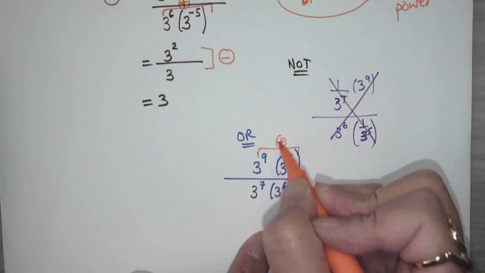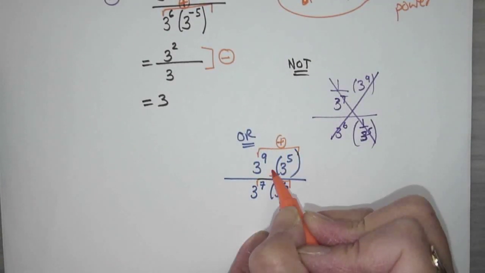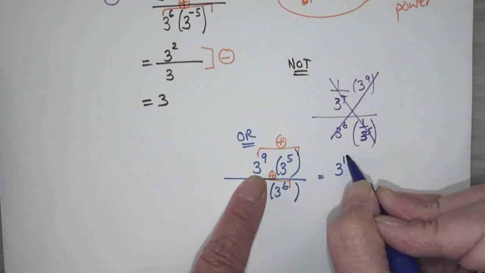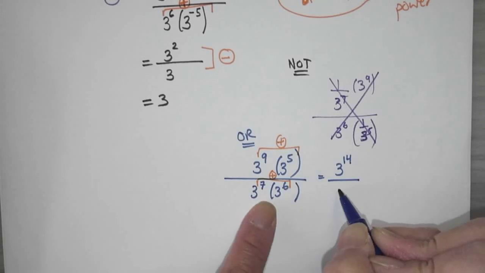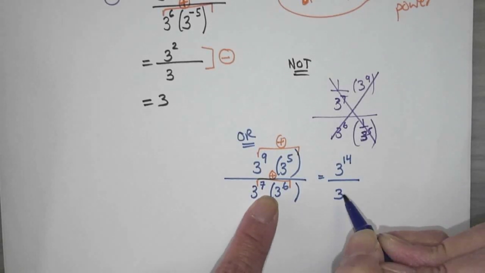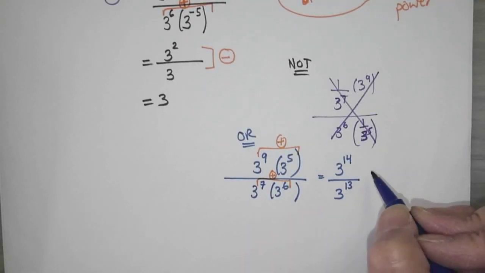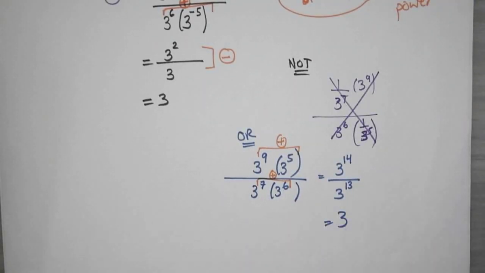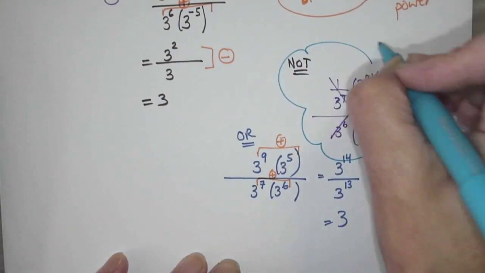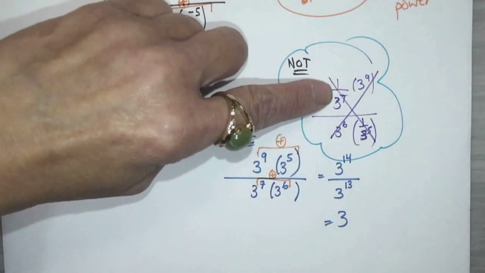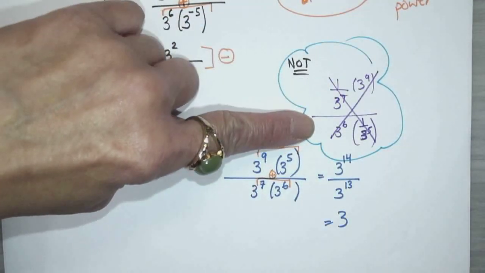When you add these two now and add these two now here, on the top I'm going to get 3 to the 14, and the bottom I'm going to get 3 to the 13. And when you subtract those, I get 3 again. So this is using the laws, but you did shift it. I just don't want to see a fraction on a fraction. That makes it way more difficult.